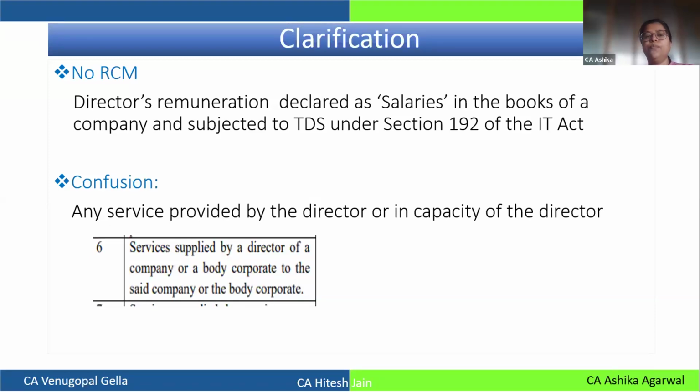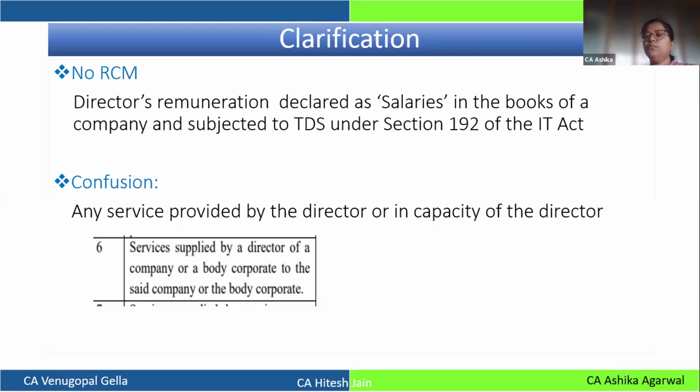Just for example, it has been noticed in the past that there have been cases where the company is running in a property owned by the director and they were paying rent to the director. Now, when the director is earning this rent, he is not earning this rent in the capacity of the director. They are earning this rent being the owner of that property.